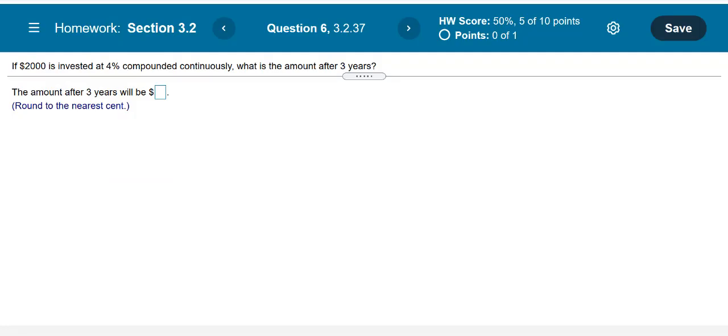On number 6, we are back to the continuous compound interest formula. In the continuous compound interest formula, we need to substitute these values. So we've got A equals the 2,000 that's invested is the P. 4% would be the R, 0.04, and the T would be the 3 years.